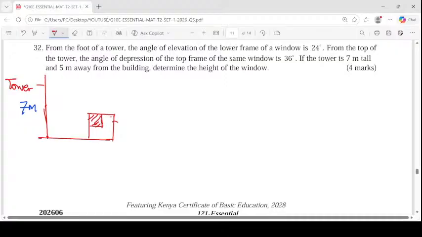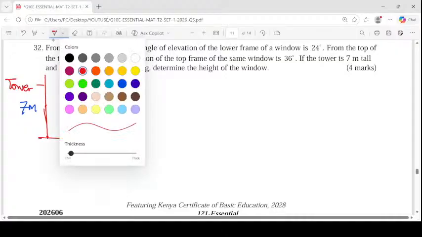So they are saying from the foot of the tower, the angle of elevation of the lower frame of a window, just the lower frame of the window, this angle here, let me use blue ink.